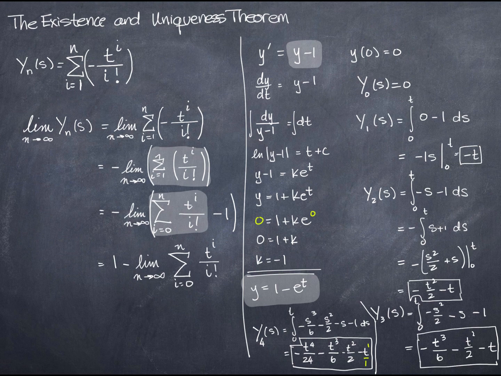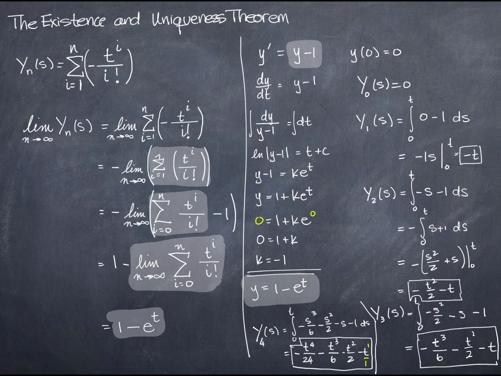And as I've said a couple of times, some of you maybe know, if you've had any sequences and series or series expansion work, that this limit turns out to be e to the x, or e to the t in this case. So I get 1 minus e to the t. Now, I promise you I'm not making that up.